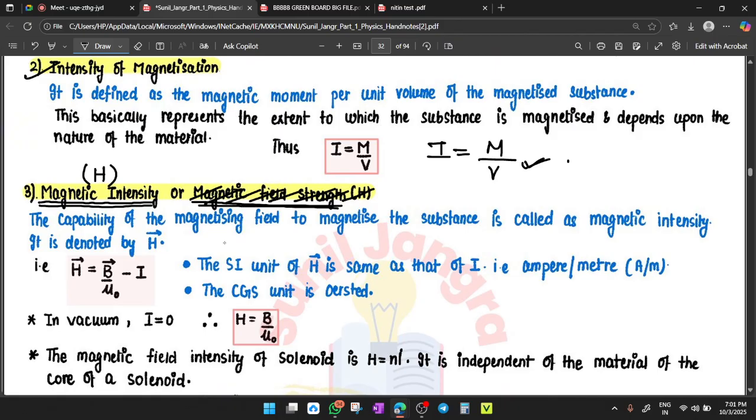The capability of a magnetizing field to magnetize the substance is called magnetic intensity.